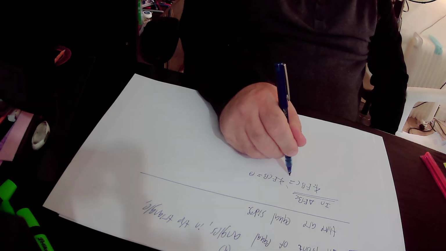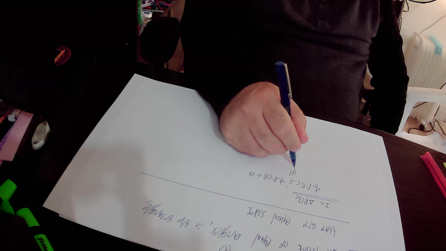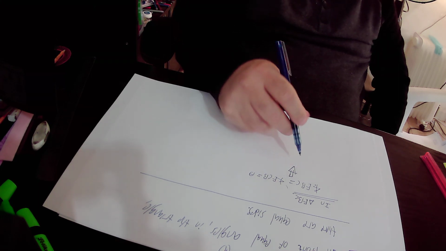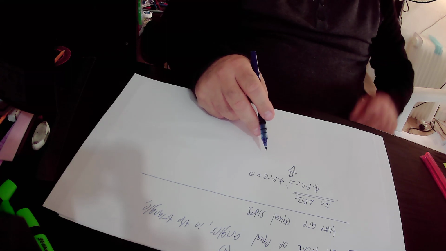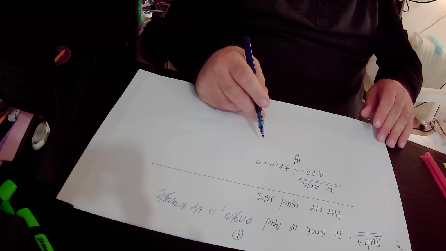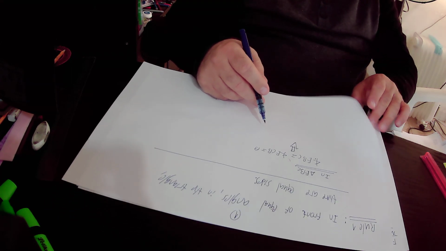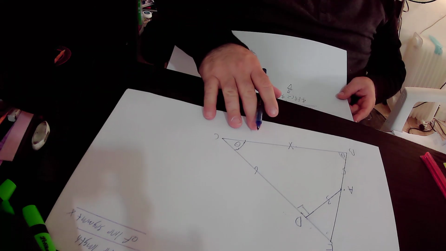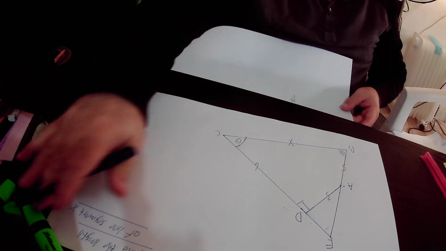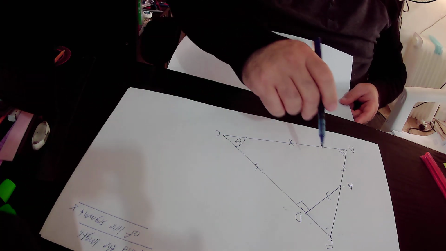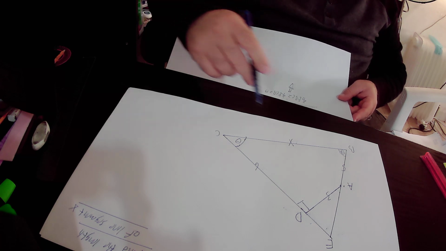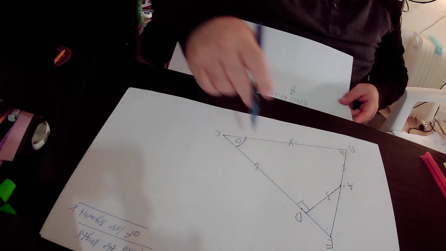Therefore, according to rule number 1, in front of those two equal angles, the sides are equal in size. That is to say, side EB equals side EC.